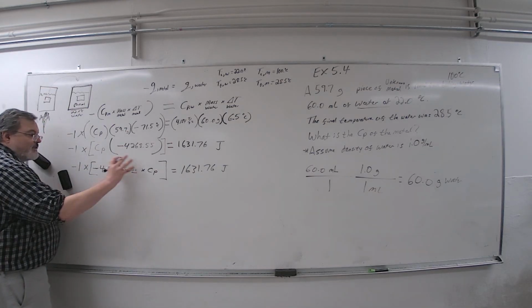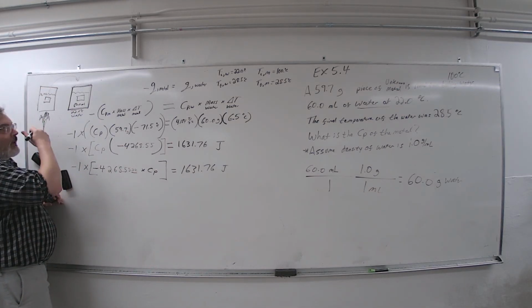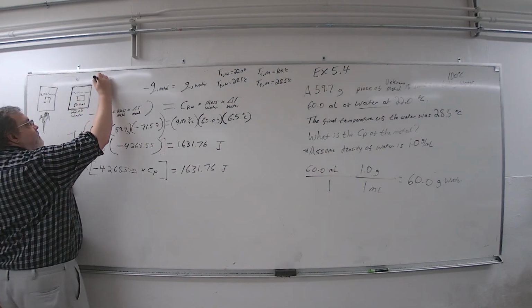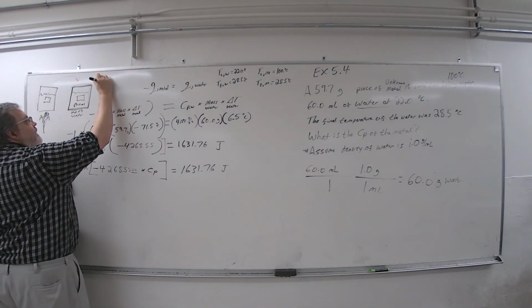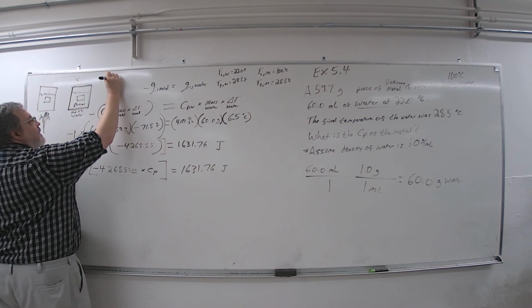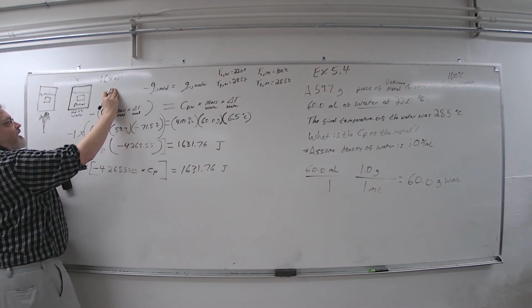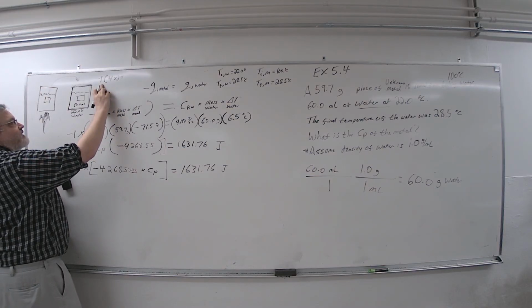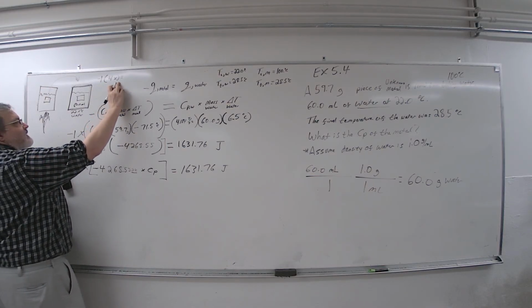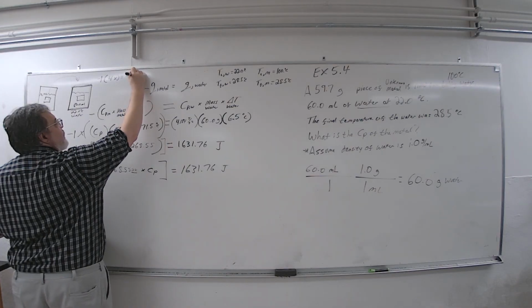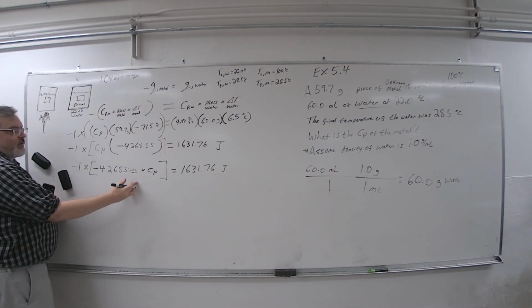So I'm going to multiply the interior here. If you were in an algebra class and you had -1 on the outside times 4x, you could just go -4x. That's all I'm doing here.